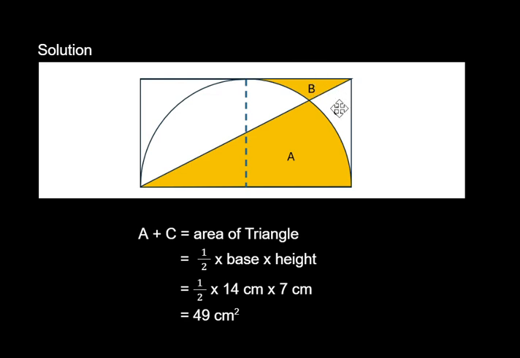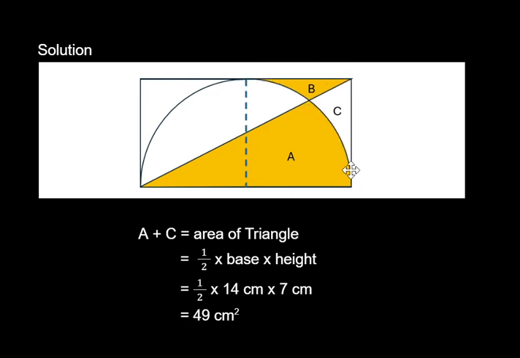How about B and C? If you take a look closely, B and C is actually a square, subtract away a quarter circle, and that will give you B plus C. So I repeat, it's a square.